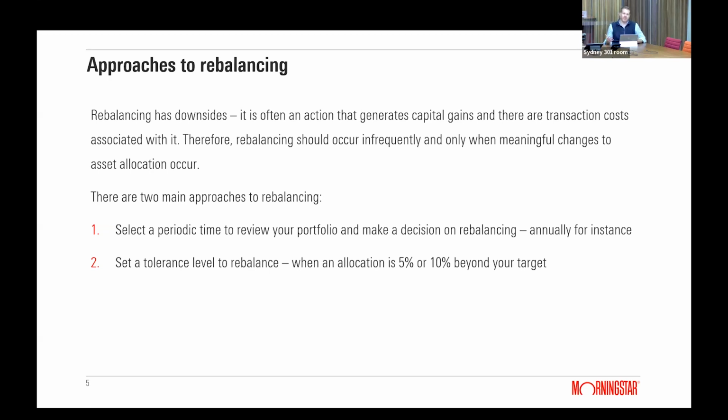Now, the problem with this is, of course, in any sort of up market, you can have relative outperformance where both go down. But in any sort of up market, what you're typically doing is you're selling your winners, and your winners, hopefully, have generated capital gains. Now, that is bad, right? We want to minimize the capital gains that we pay as investors, because, of course, that's detracting from our return.